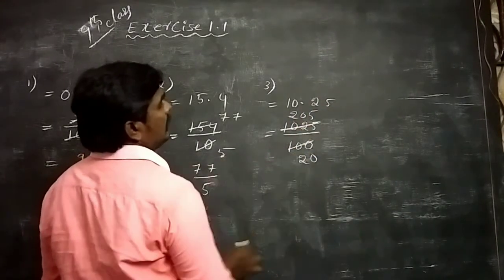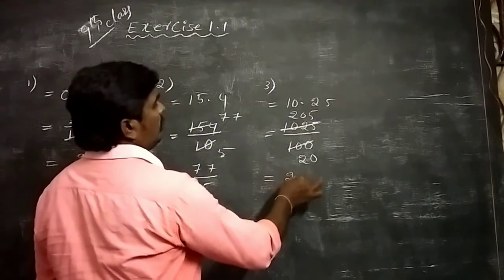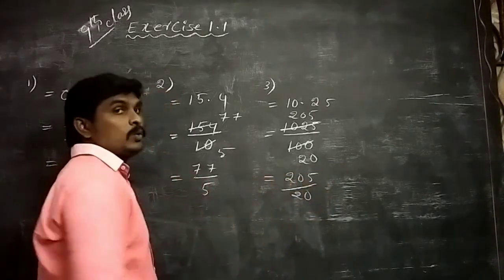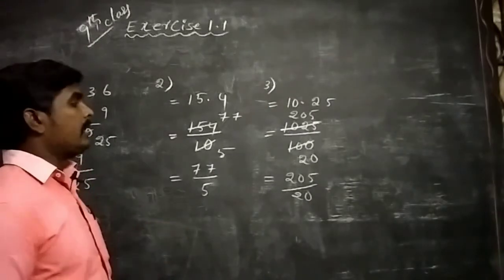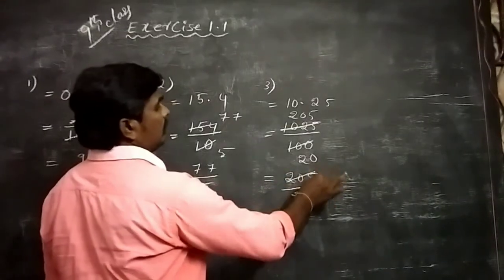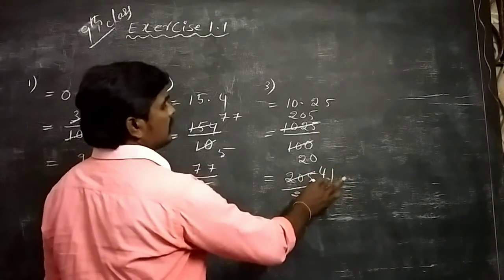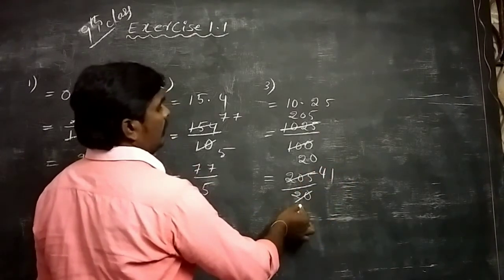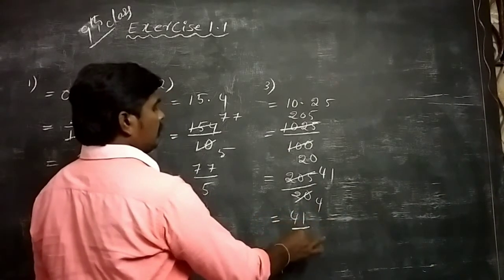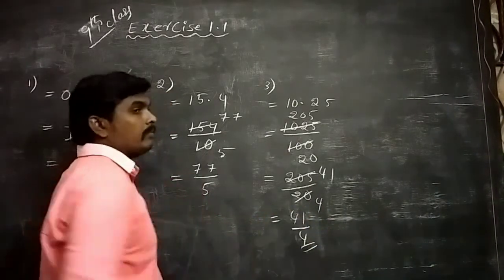Denominator 5 20s are 100. So what are we getting? 205 by 20. Again 205 by 20 will be cancelled with the 5 table. 5 41s are 205 and 5 4s are 20. So the required answer is 41 by 4, in simplest form.